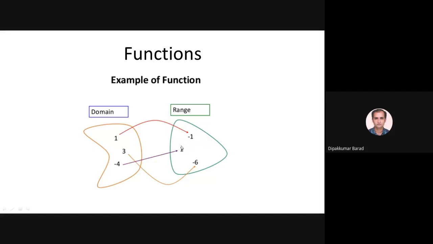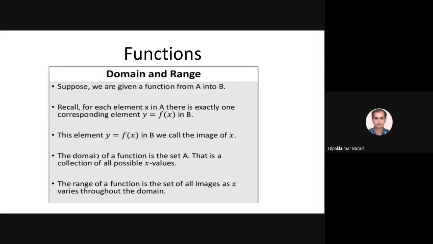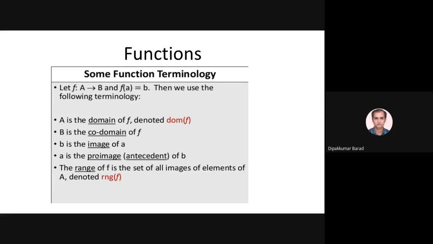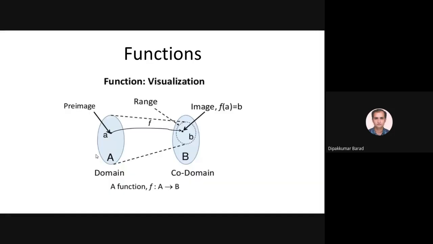So the images here, minus 1, 1, and minus 6, we call the range of the function, and 1, 3, minus 4 we call the domain of the function. The domain is denoted by dom of f, and the range, which we already discussed.